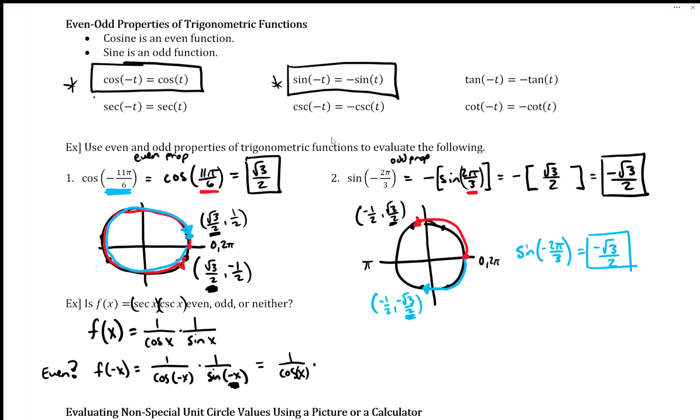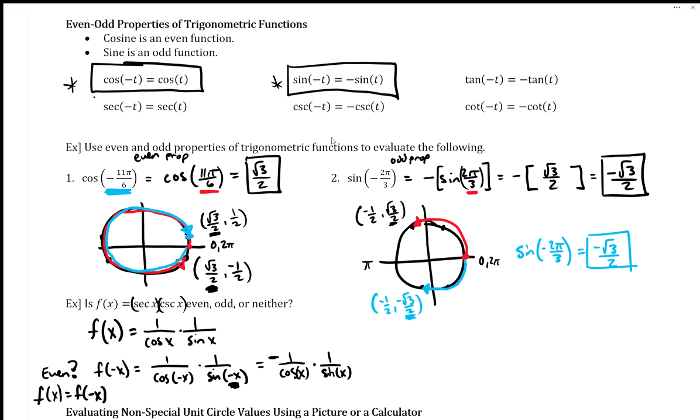So we're going to take it all the way to the front, and then I'm going to rewrite my sine of x. I could have written it right in front of the sine, but the negative multiplies anyway, and you can move things around. I just wanted to move it right away to the very front. Even gives us this expression. Even is true if f of x equals f of negative x.